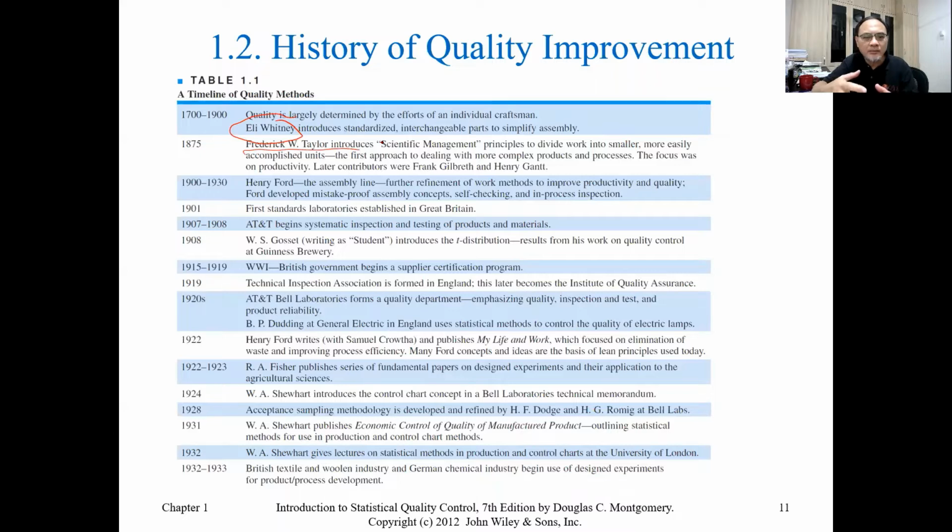And the development, particularly I would like to just emphasize Shewhart, Economic Control of Quality of Manufactured Product. Those who are in the quality area, if you do not know this book, then you need to do some revision. Okay, Economic Control of Quality of Manufactured Product was the first book, published in 1931, to propose the concept of control charts.